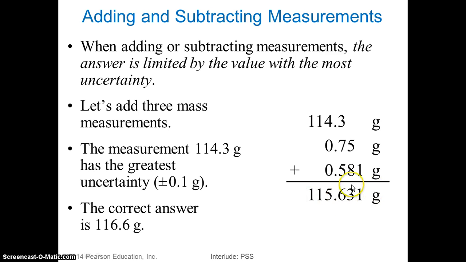So whatever answer we get, we need to round to just 1 decimal place. Here we have 115.6. Now 6 we can round up to 6. Our correct answer is 115.6 gram. So when you add and subtract, your answer is limited to the value of the most uncertain number, which has the fewest decimal places.